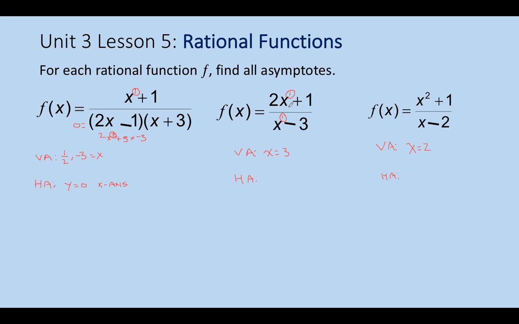When the degree is the same, okay, what you're going to do is you're going to take the leading coefficients, and that is going to be your horizontal asymptote. So here, because the degree is the same, both 1, I take the coefficients, 2 divided by 1, which is 2. And so my horizontal asymptote is at y equals 2. It's the horizontal line that goes through the y-axis at 2.